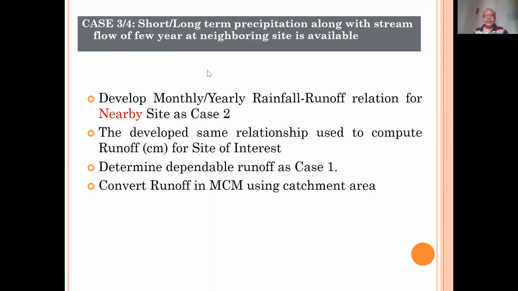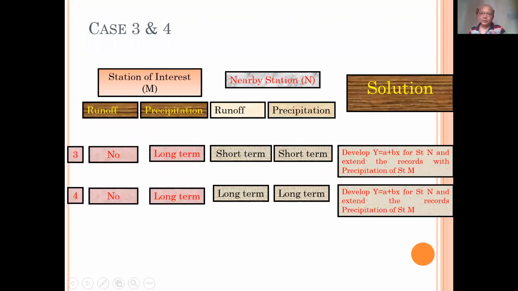So when we develop relationship in centimeter to centimeter, it means area effect is neglected, or we have removed the effect of area. We develop equation in the terms of centimeter to centimeter. So that equations we have developed for nearby sites, it can be used for our site also.